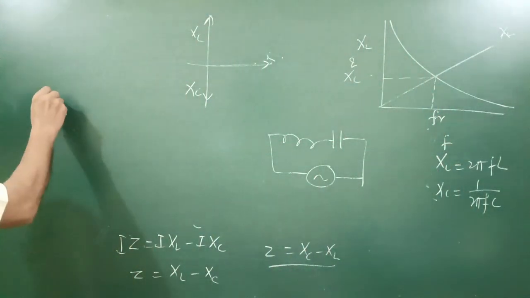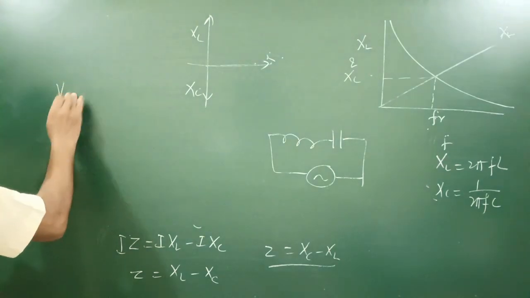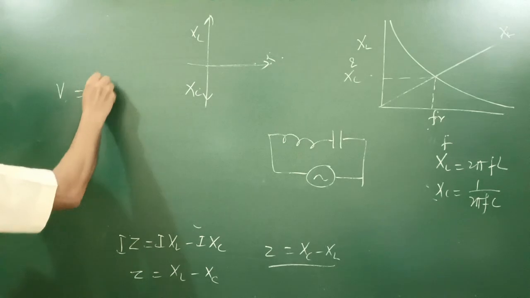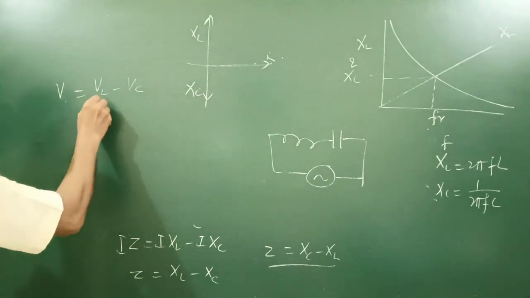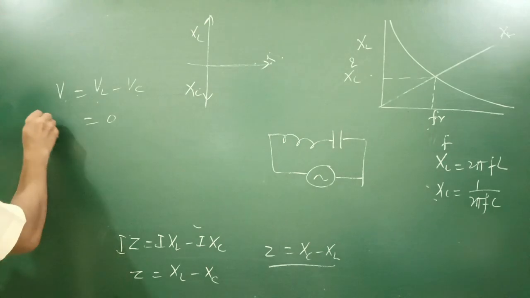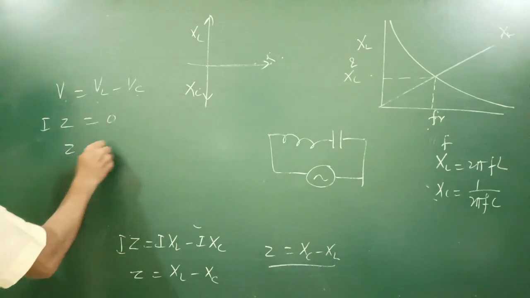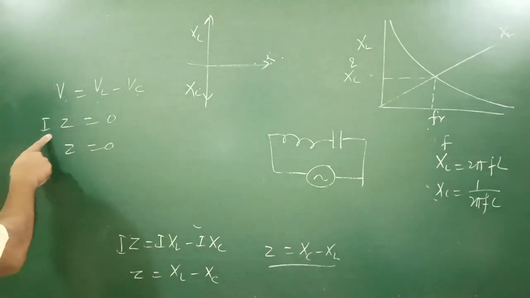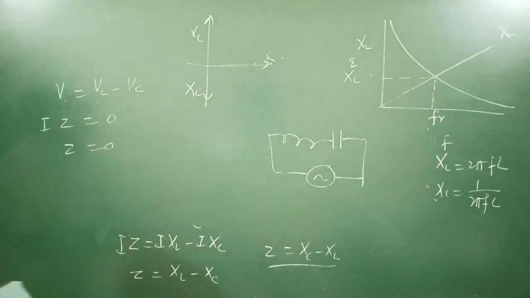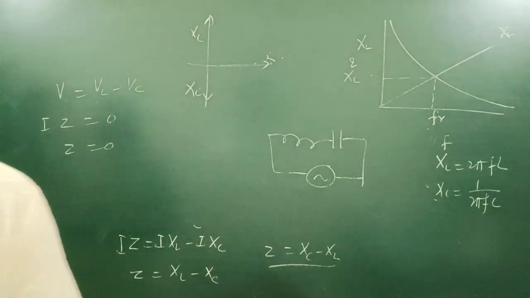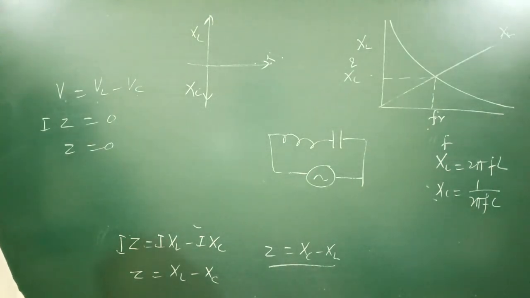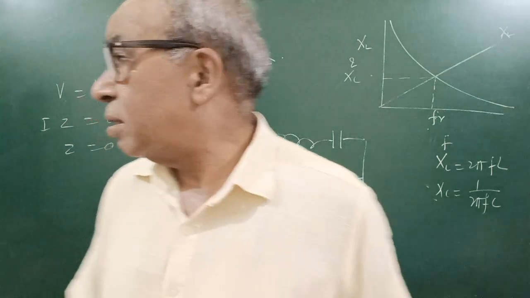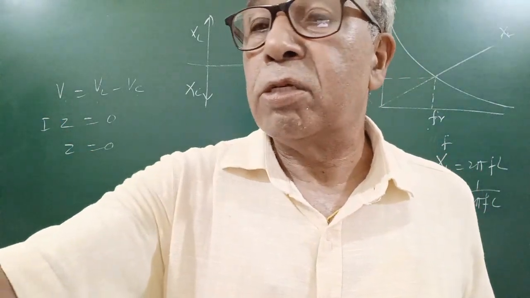And then V equals VL minus VC, or VL and VC are equal, or IZ equal to 0, or Z equal to 0. I will be there, but reactance is 0. I will be infinity in one sense. Large current will flow. This condition is called resonance in a series LC circuit.